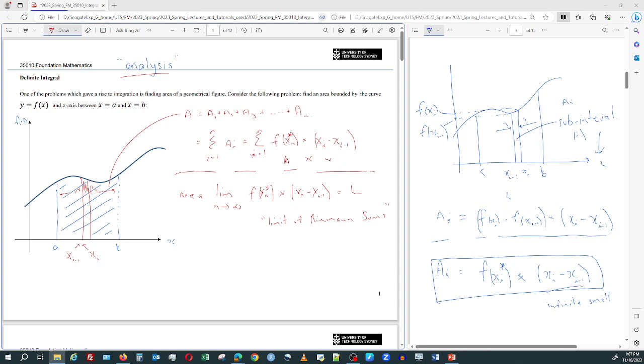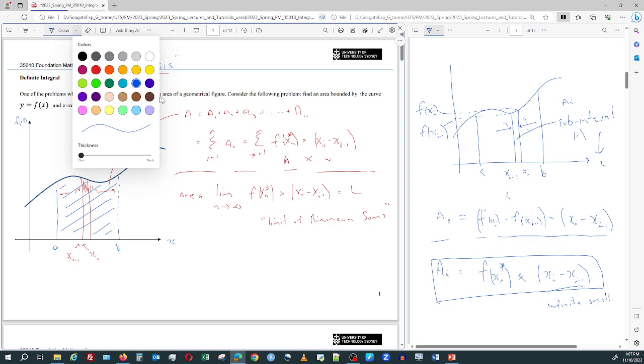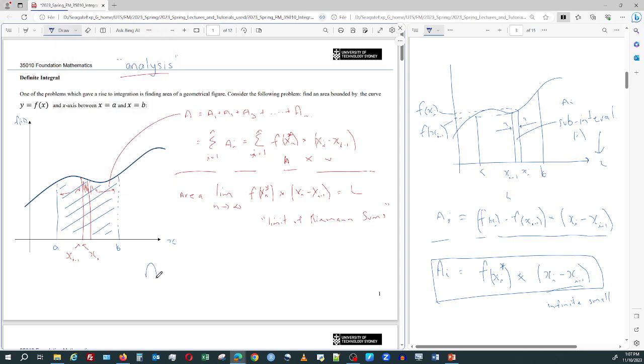And so the formal expression of that we can give as the area is equal to a limit as n approaches infinity.